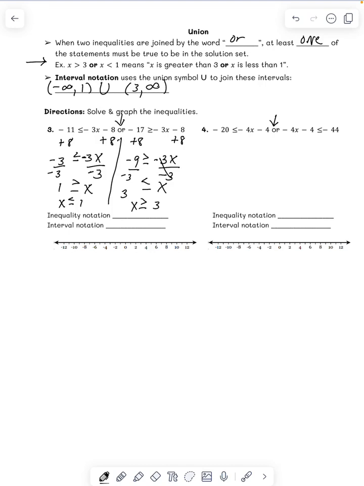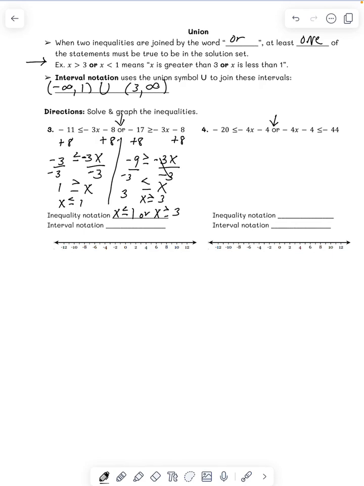Okay, so I'm going to actually kind of write it more. Well, let me see if I can smush it up a little bit. Okay, so I can have room. So I'm going to write or. I'm going to say x is greater than or equal to 3, or x is less than or equal to 1.